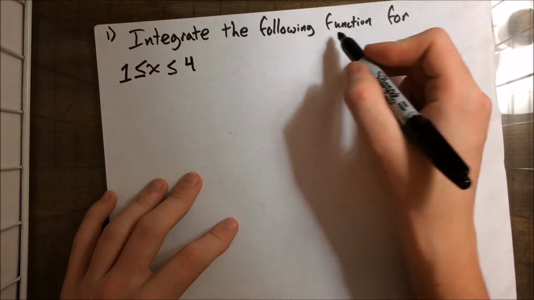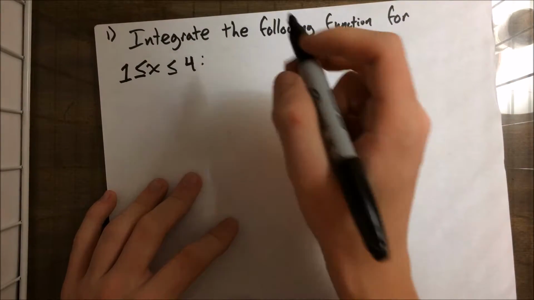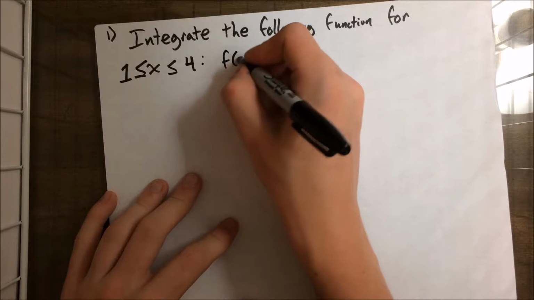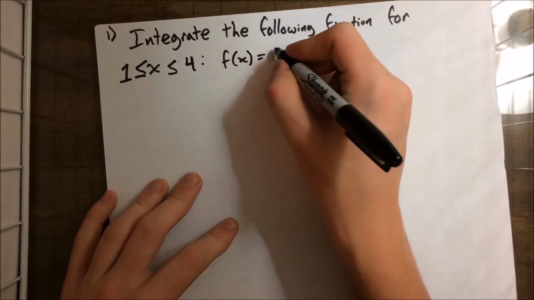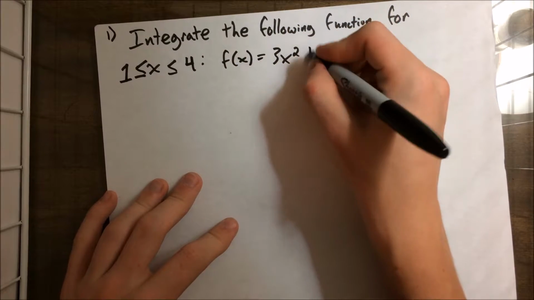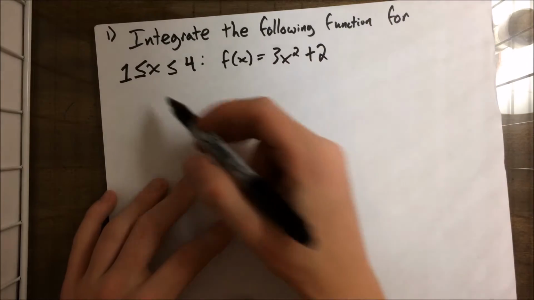The function that we're going to use is f of x equals 3x squared plus 2.